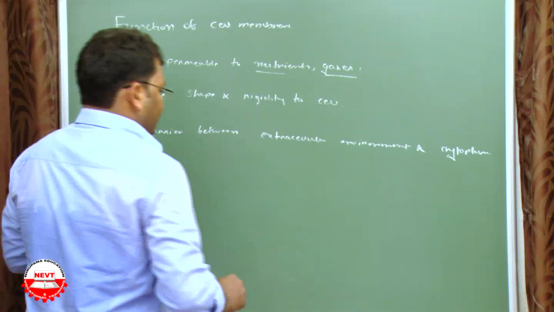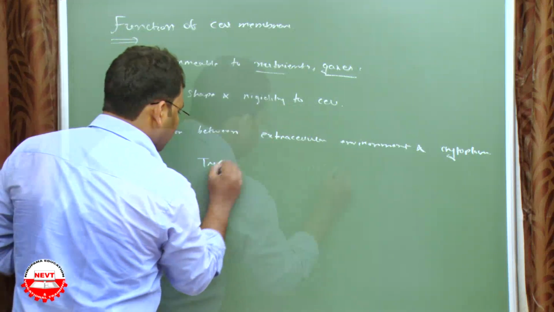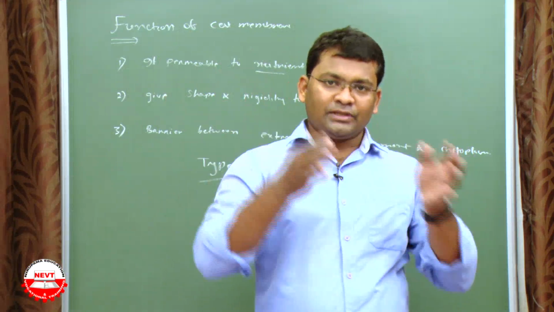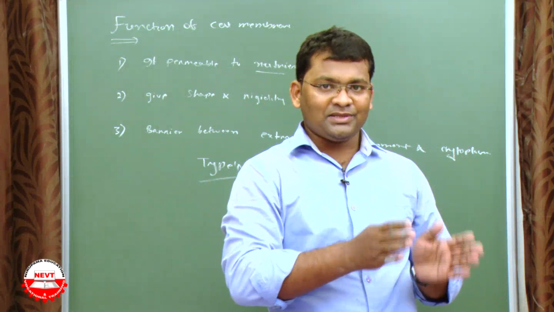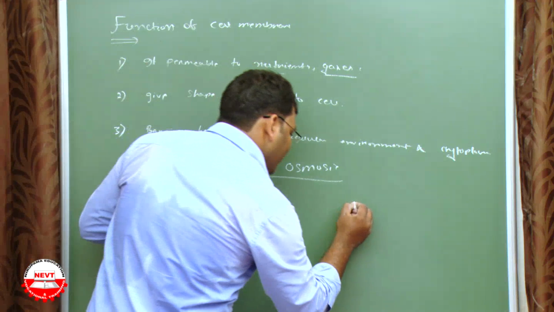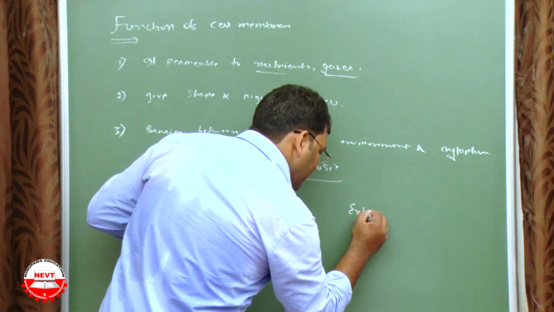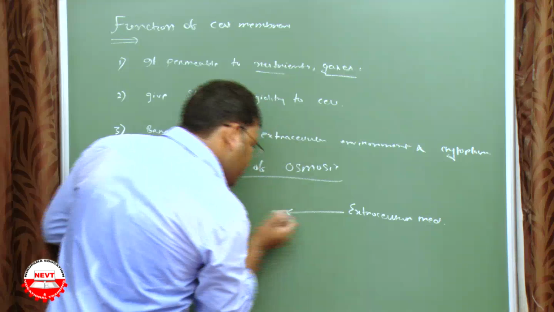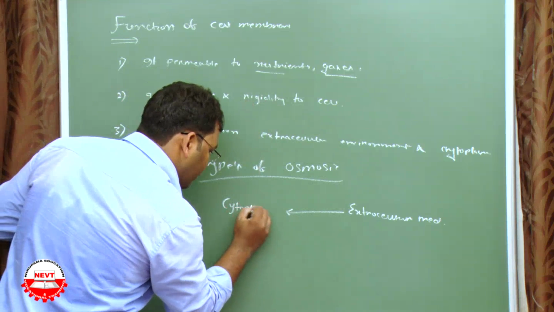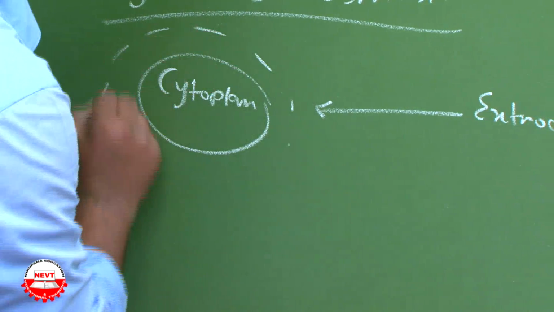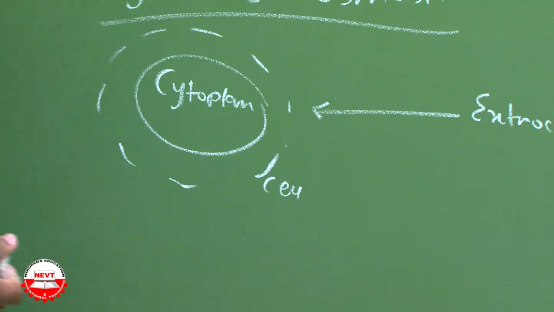Next, the types of osmosis. Osmosis can take place from the outer environment to the cell or cytoplasm, or from the cytoplasm to the extracellular medium. If it goes from the extracellular medium to the cytoplasm, or indirectly to the cell, that is called endoosmosis.